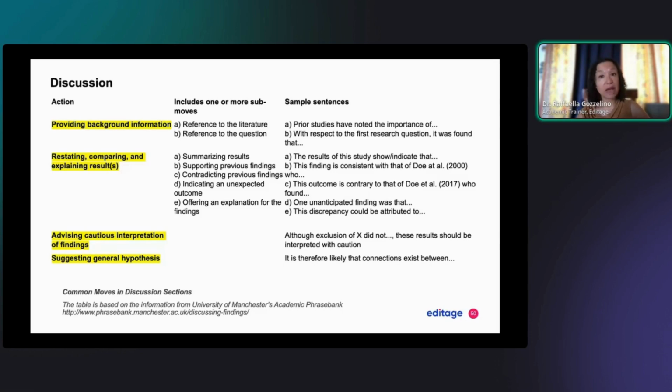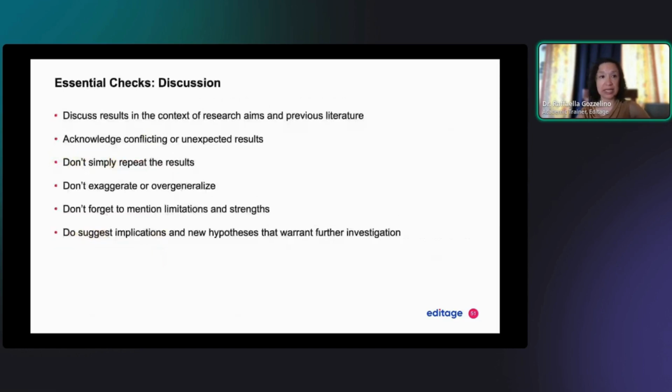And here you have some sentence examples, but also advising caution in the interpretation of findings, like 'although exclusion of X did not...', and suggesting a general hypothesis: 'it is therefore likely that a connection exists between...'. And you can find more about the common moves in the discussion section in the link that has been provided in the slide.